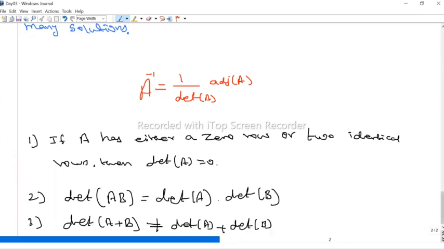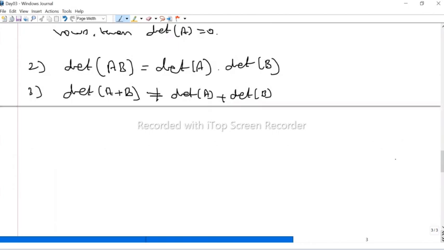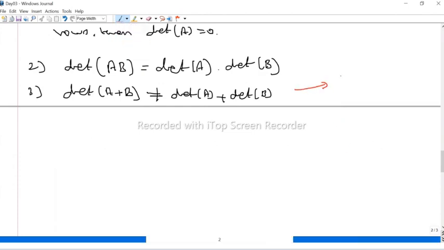Why? Because if we take a simple case, a 2 by 2 matrix, I'm writing here. Suppose we take A with first row 1 0, and I'm taking B equal to 0 0 0 1.